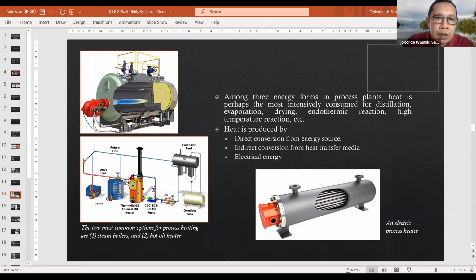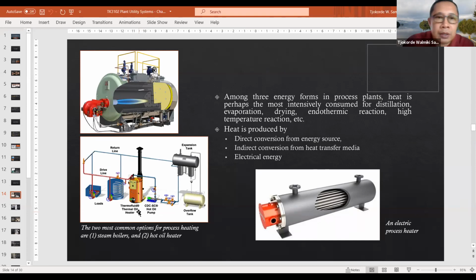And this one is a hot oil heater. Here the heat transfer media is hot oil, a specific type of hydrocarbon suitable as a heat transfer media. It has a high heat capacity, and high stability at high temperature.